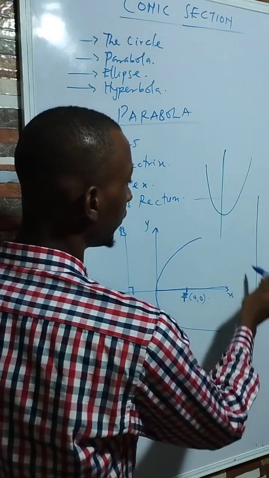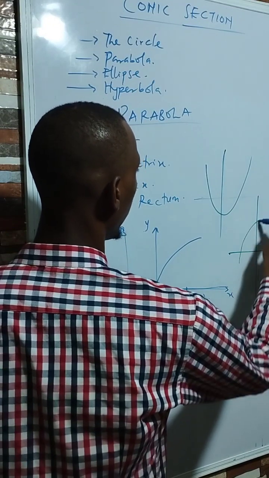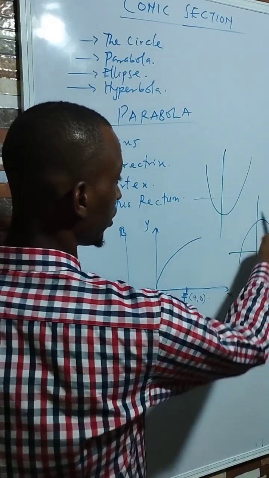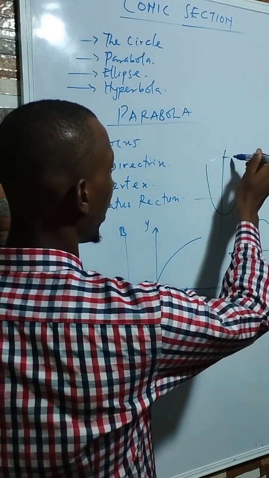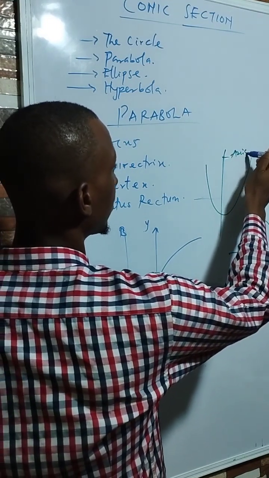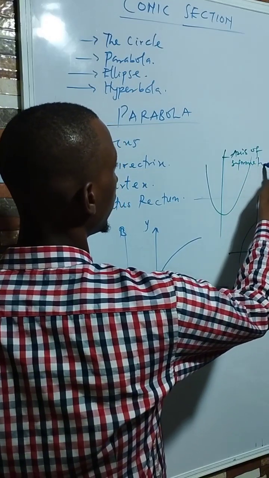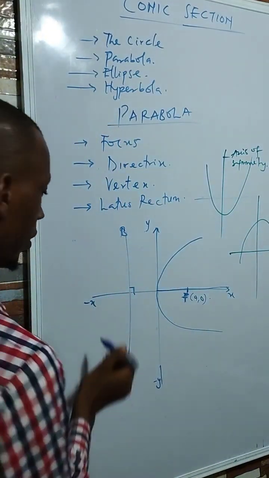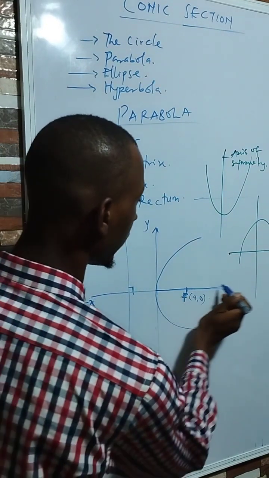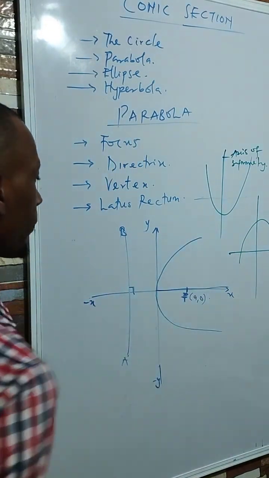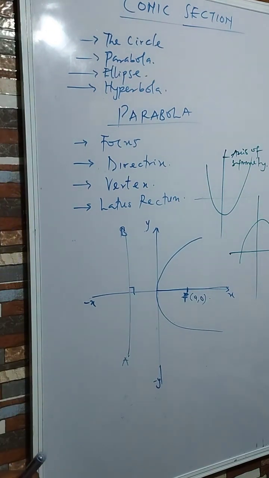We can also have it as this point. This is the minimum, while this one is the maximum. So this is the axis of symmetry, and in our own case here, the axis of symmetry is dividing this curve into 2 identical parts.